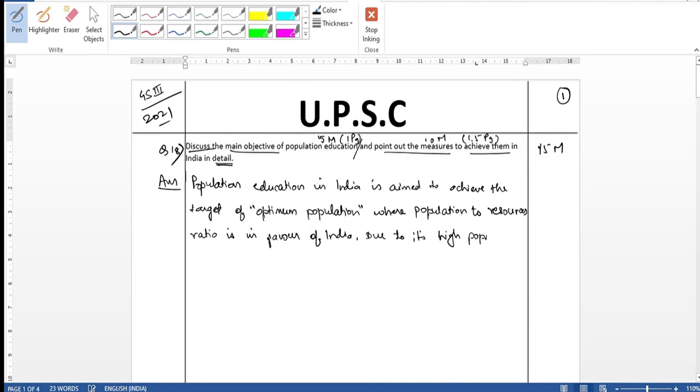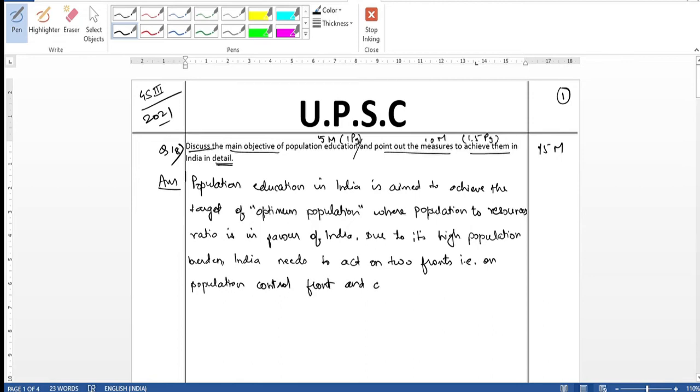Population burden: India needs to act on two fronts, that is on the population control front and on changing the demographic behavior, changing the fertility behavior among the population.